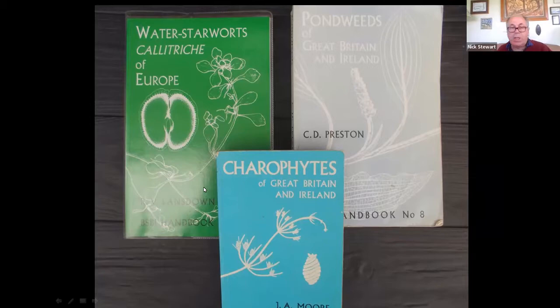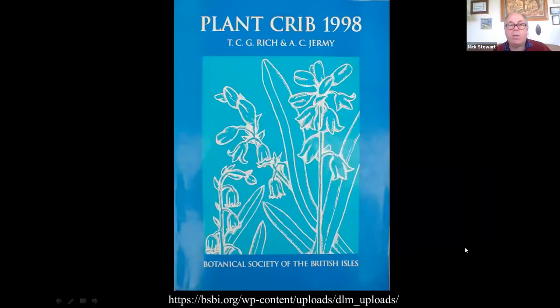Identification handbooks. The best one available is the BSBI handbook by Chris Preston. This cover's a bit faded, I'm afraid, but it is very comprehensive and has a lot of detail which will help with the identification. There are keys and a lot of discussion about what things you might confuse them with. Also useful is Plant Crib.